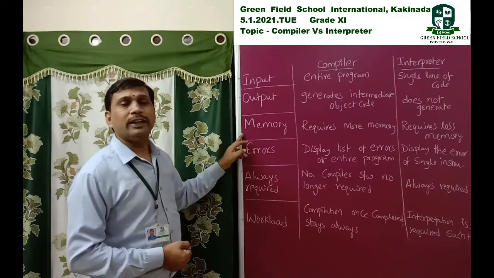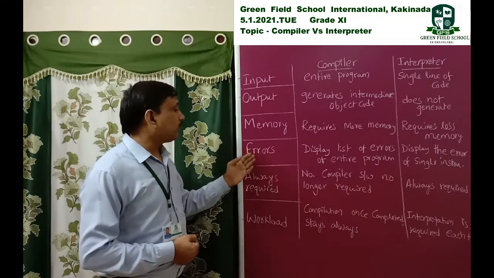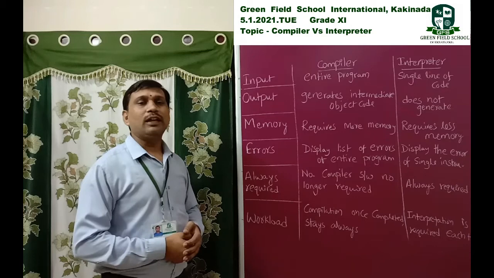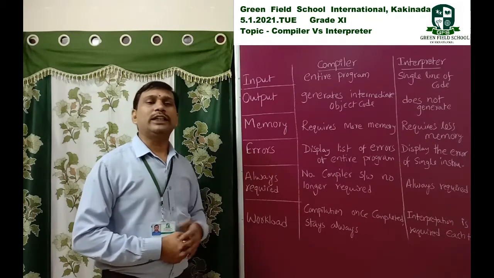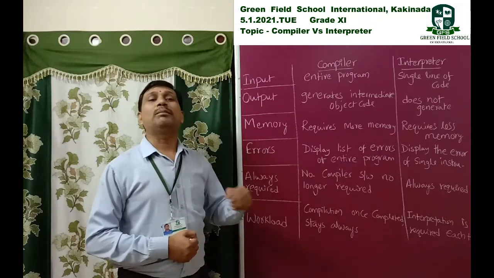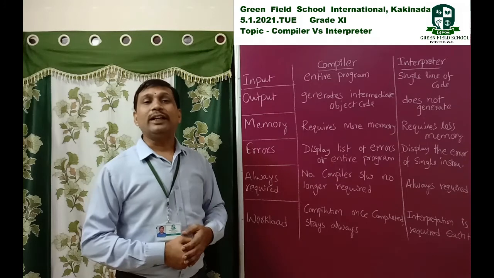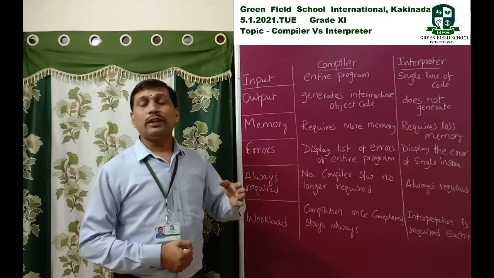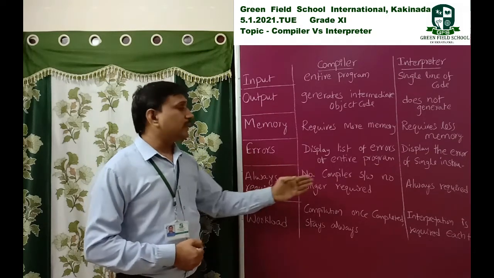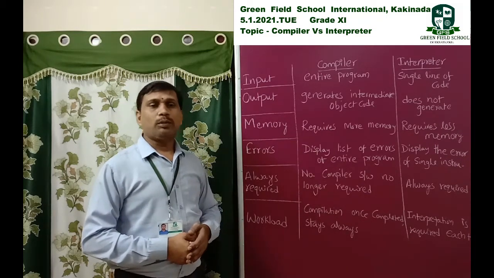Next, the third one is how they are classified according to memory, and according to the errors concept how they are differentiated. Next, always required. Always required means whether the compilation or compiler software is required or not. Depending on that we compare these two, compiler and interpreter processes.